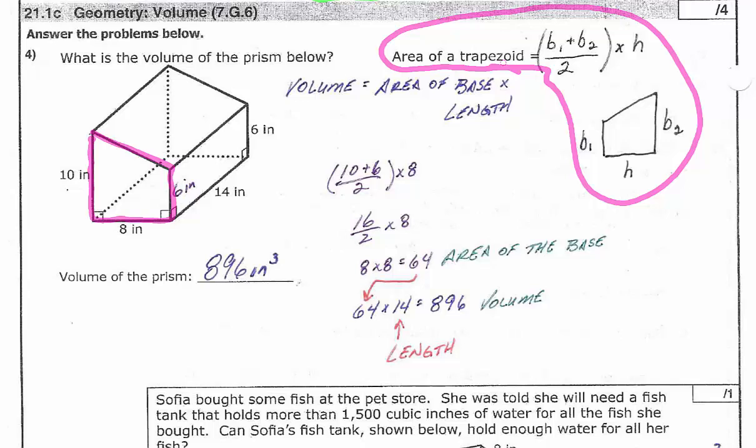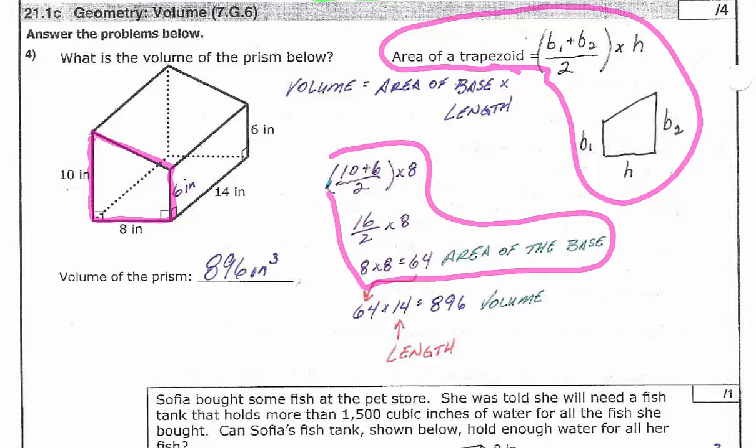is base 1, up and down, plus base 2, other side up and down, divided by 2, which gives us the average of the bases times the height. So for this one, here is everything just to get the area of the base. So we have 10 plus 6.